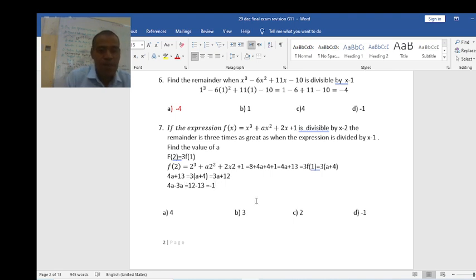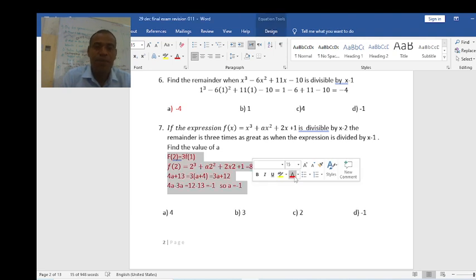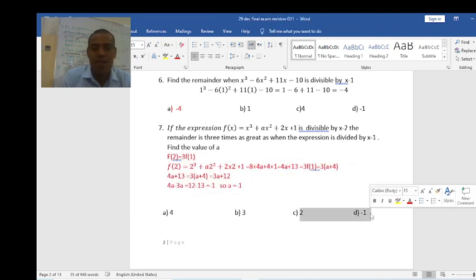Therefore a is equal to -1. Clear? This is how you can solve a question like that, and the correct answer is that.